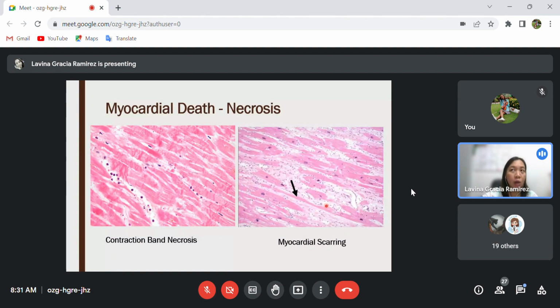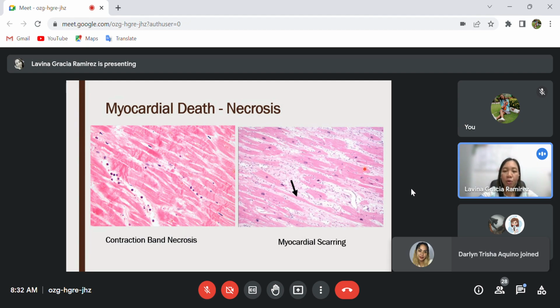If the myocardium, the muscle part of the heart, is changed by different tissues, it will not be the same in terms of function. So it will be reduced, and you can expect the activity of the heart to pump blood and others to be reduced.